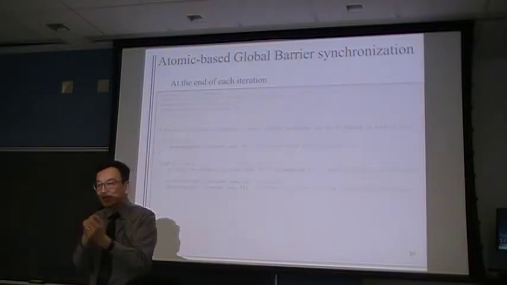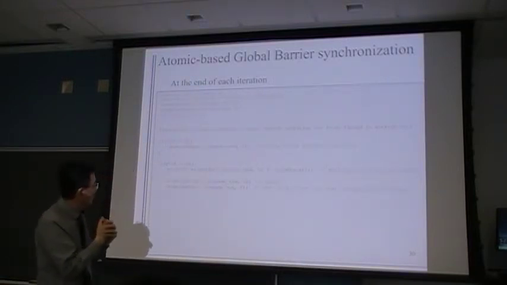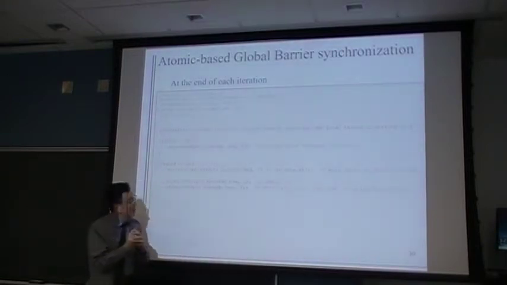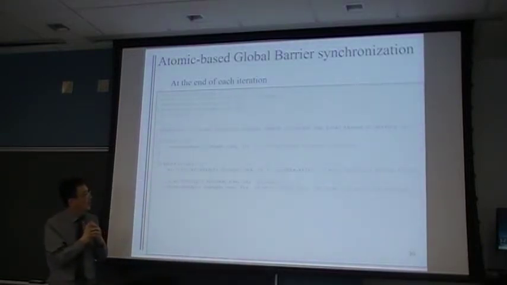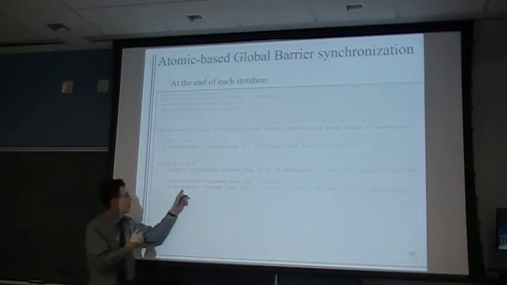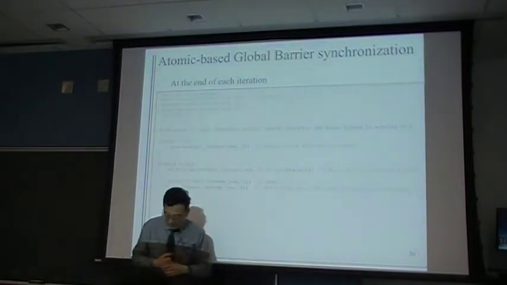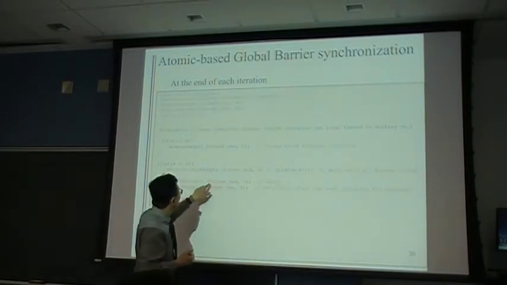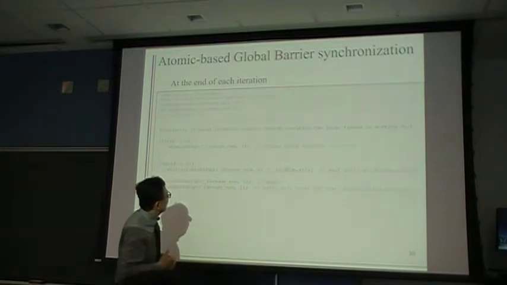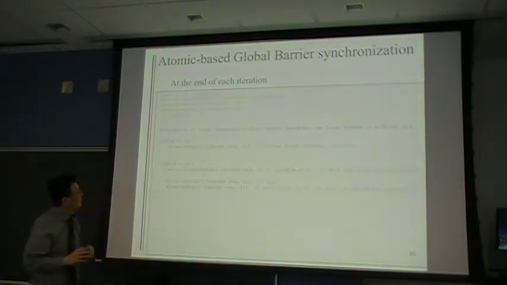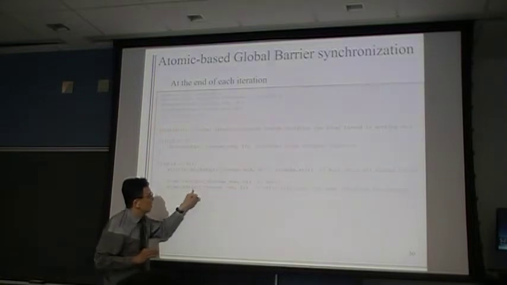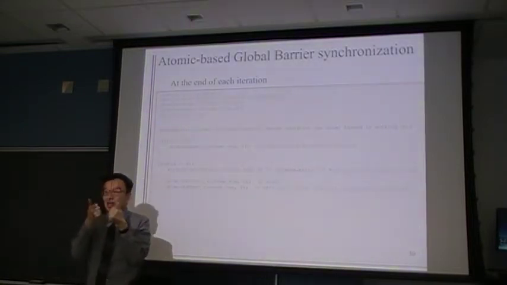Okay? Yes? If only thread 0 can access that PTR thread run, why make it atomic? Okay, this is a great question. The reason is, remember, PTR thread run is the official iteration indicator.